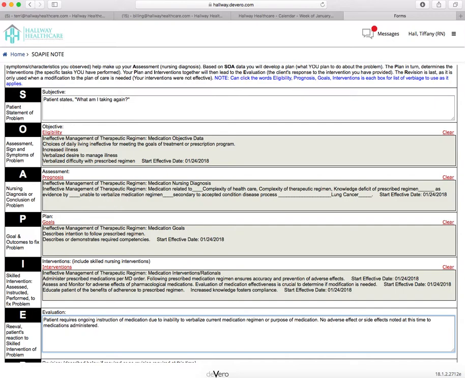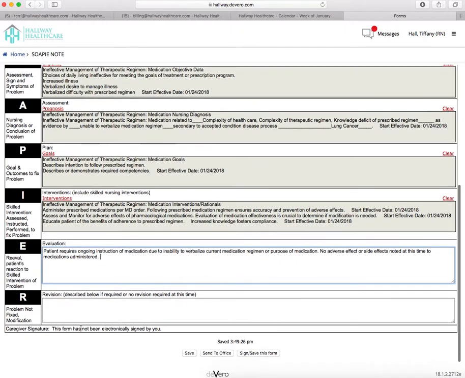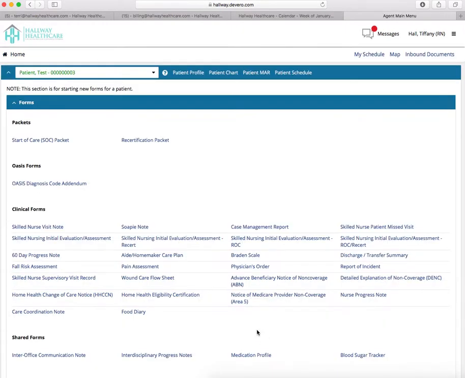Okay, and then here, of course, it might even be good, you could even go into more detail of everything that you administered that was related to lung cancer, such as his nebulizers or inhaler, and more of his response. So I'm going to go ahead and say sign and save. And now I'm done for the day.